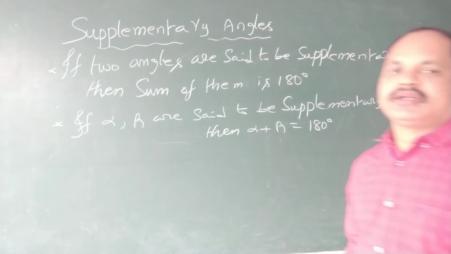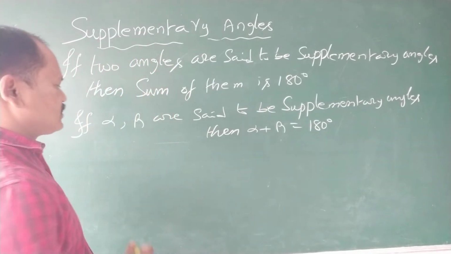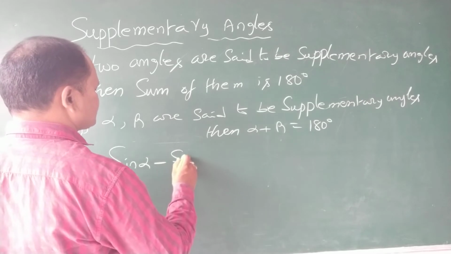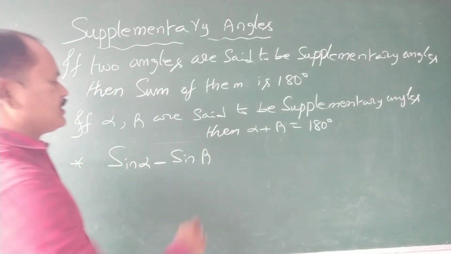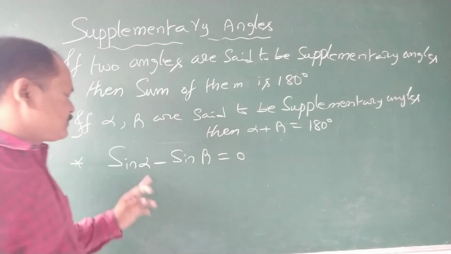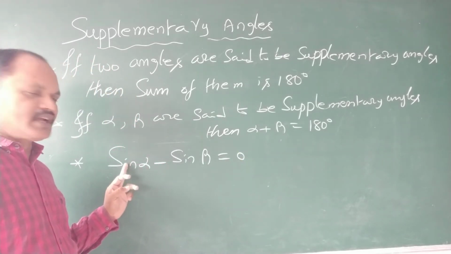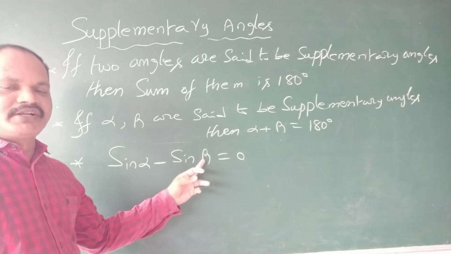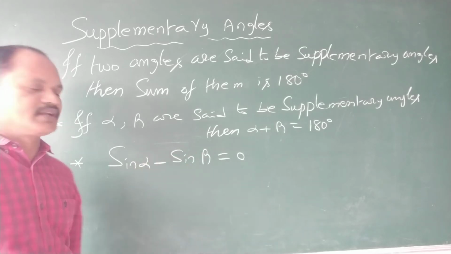Now we are going to the conditions that depend upon this concept. Sin alpha minus sin beta is 0. Suppose we write 180 minus beta in place of alpha; sin of 180 minus beta is sin beta, so sin beta gets cancelled. Similarly, in place of beta we write 180 minus alpha, and sin alpha gets cancelled.